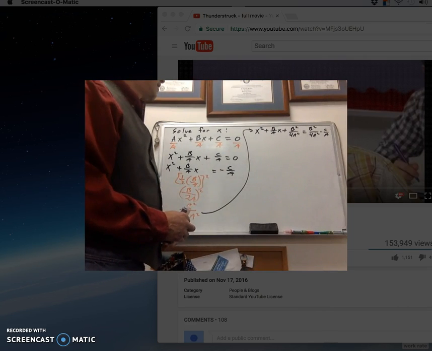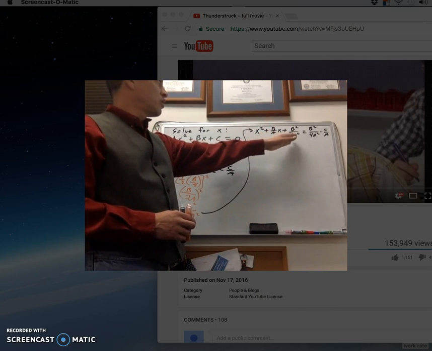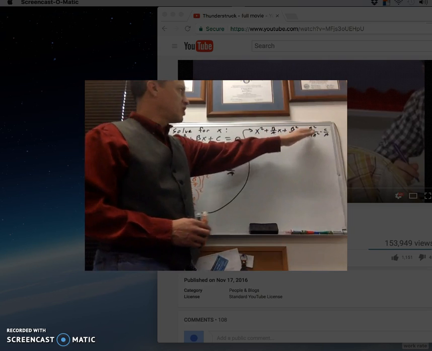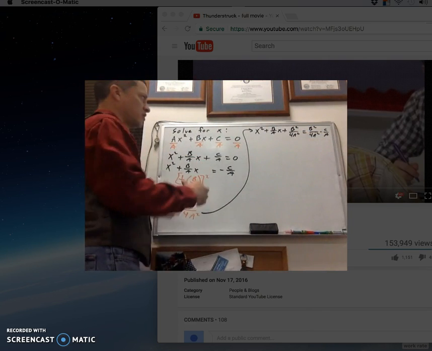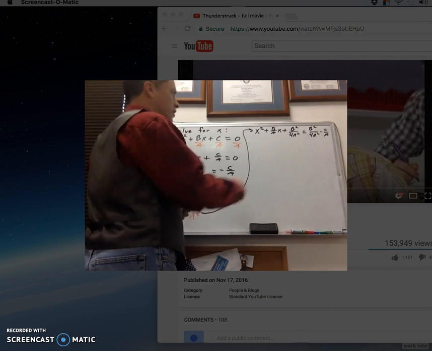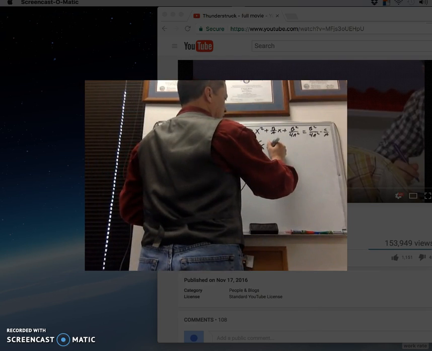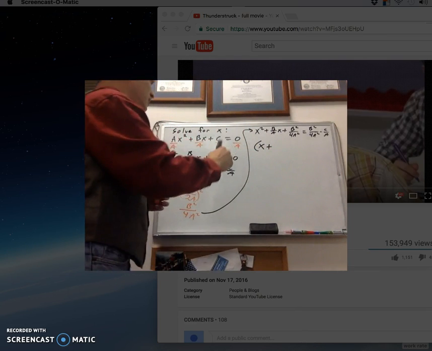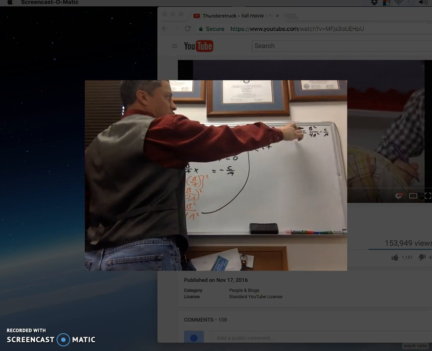Let's finish this. So we're looking at x squared plus b over a x plus b squared over 4a squared equals b squared over 4a squared minus c over a. It's kind of a lot for this little board. Let's see if I can clean it up. The left-hand side is a perfect square trinomial. That's going to be x plus, now it's going to be the square root of this b squared over 4a squared.